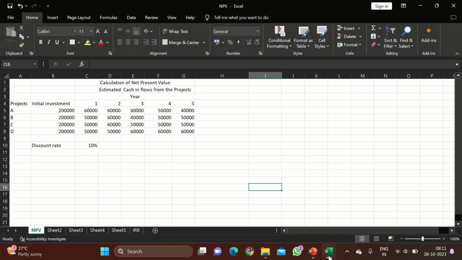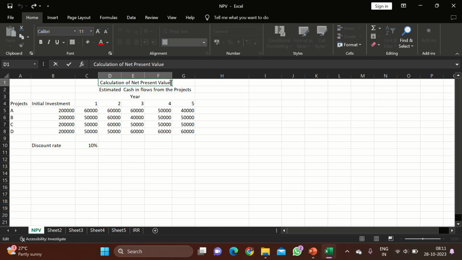In this spreadsheet, I have given a problem. Calculate profitability index. Calculation of profitability index.